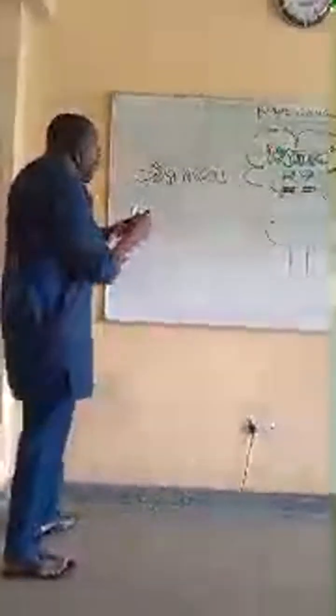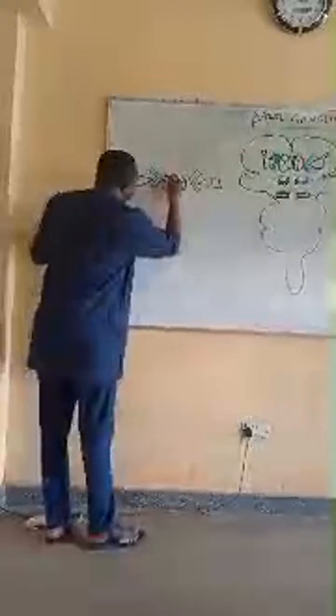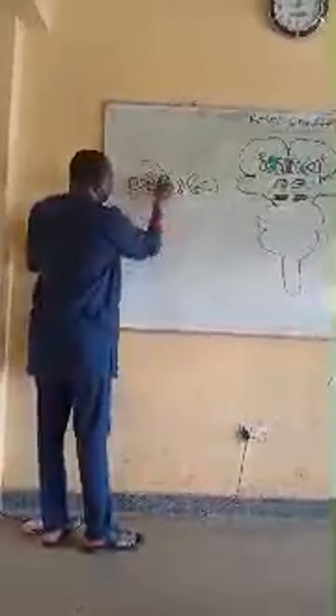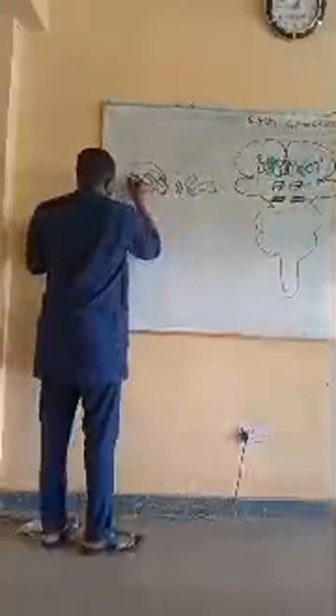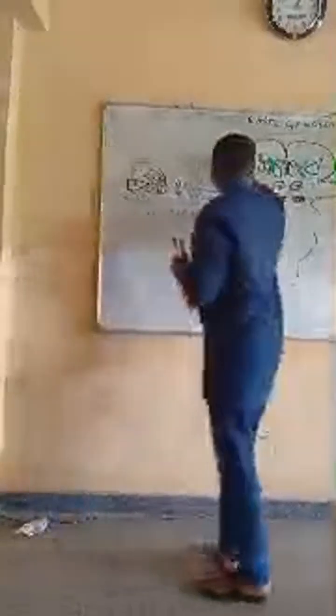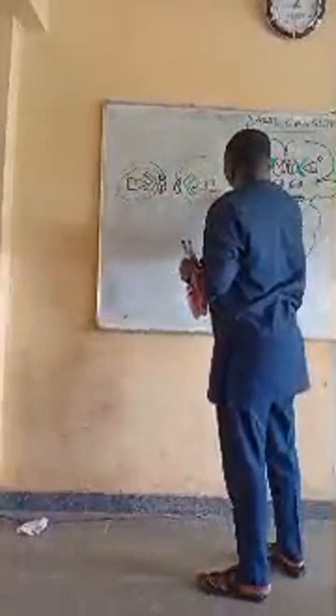And then we have the caudate nucleus. Right? Actually, the caudate nucleus has a head, it has a body, and then has a what? A tail. Do you agree with me? It's like this.